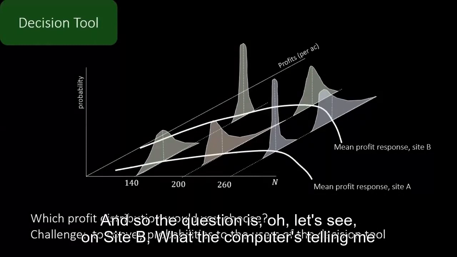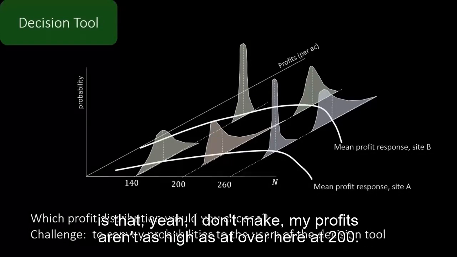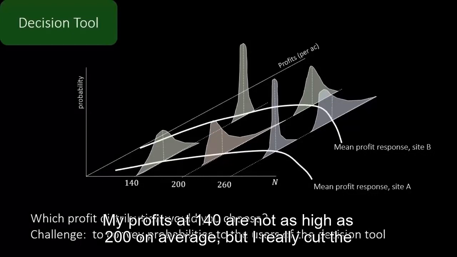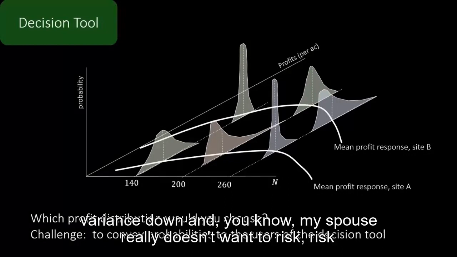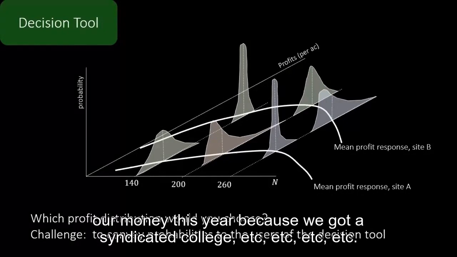And so the question is, on site B, what the computer's telling me is that my profits at 140 are not as high as at 200 on average, but I really cut the variance down. And my spouse really doesn't want to risk our money this year because we have to send a kid to college, et cetera.